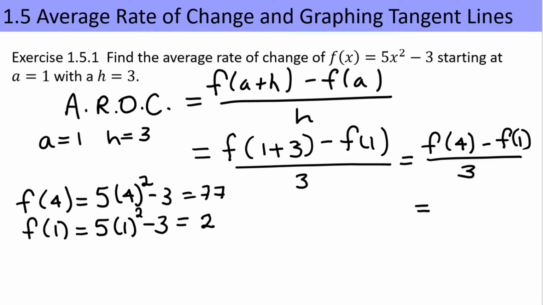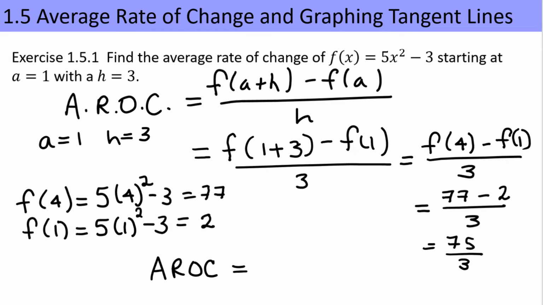So we replace f of 4 with 77, f of 1 with 2, and we divide that by 3. Let's continue with more arithmetic. So you get 75 divided by 3. We can conclude that the average rate of change is 75 divided by 3, which is 25.